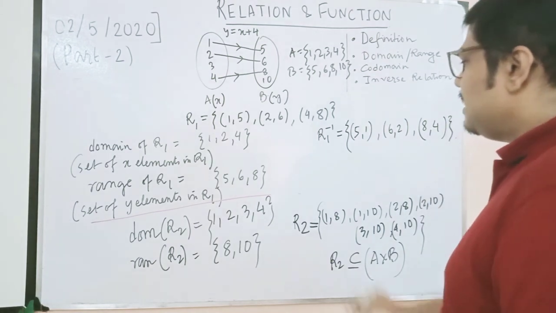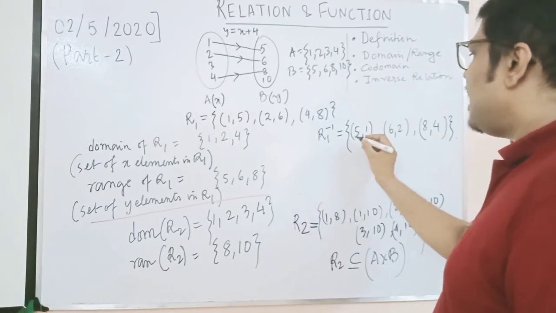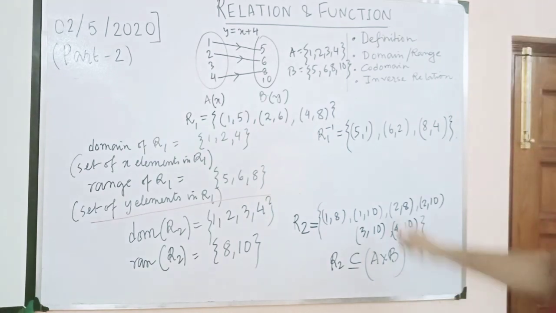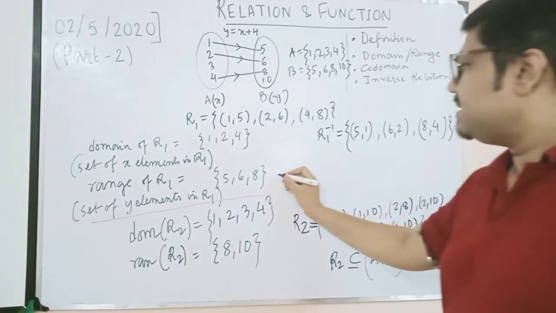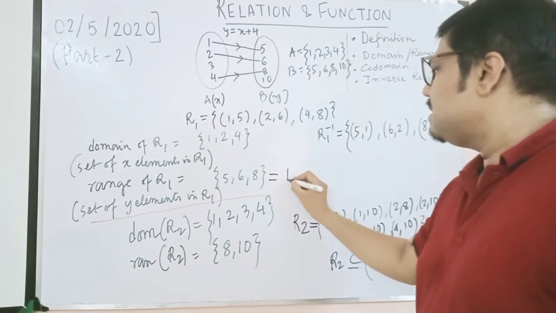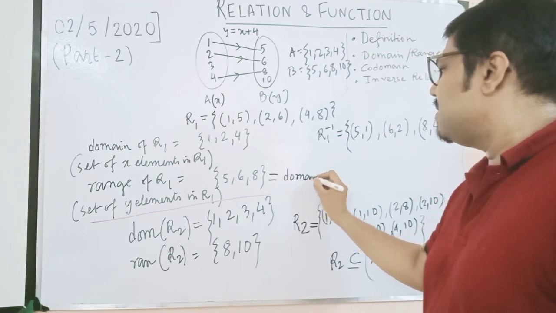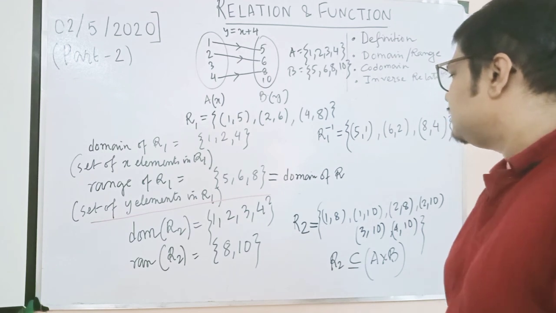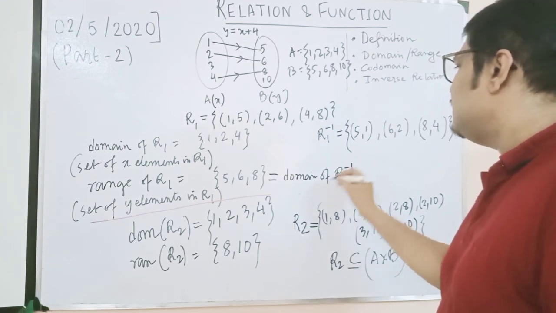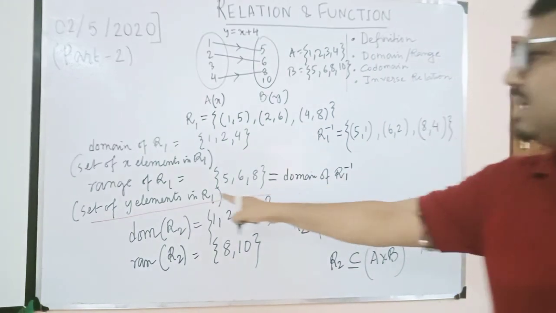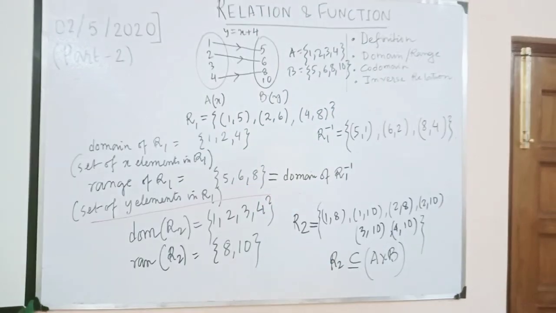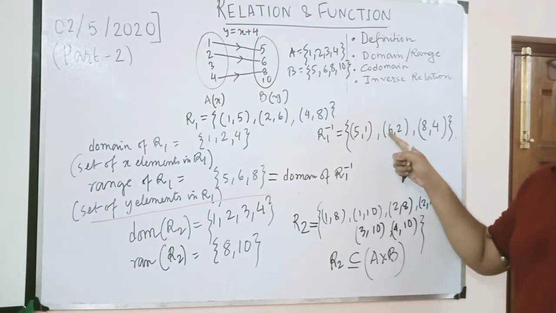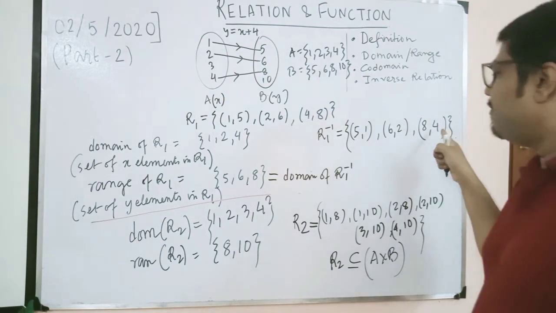So obviously the domain of R1 inverse will be 5, 6, 8. So it will be the same as the range of R1. Always remember, the domain of R1 inverse, 5, 6, 8, will be the same as the range of R1. And obviously the range of R1 inverse will be 1, 2, 4.